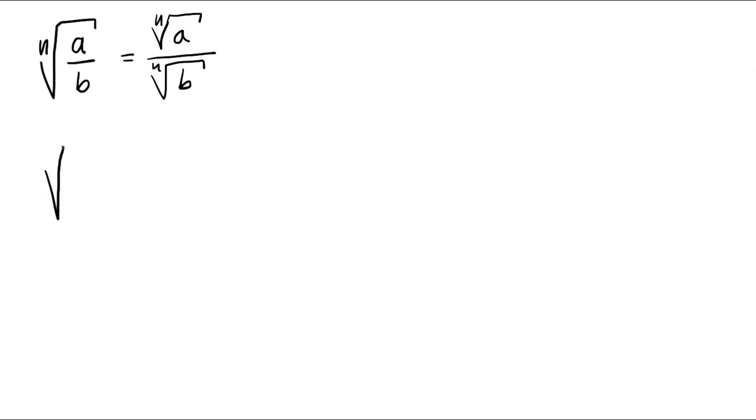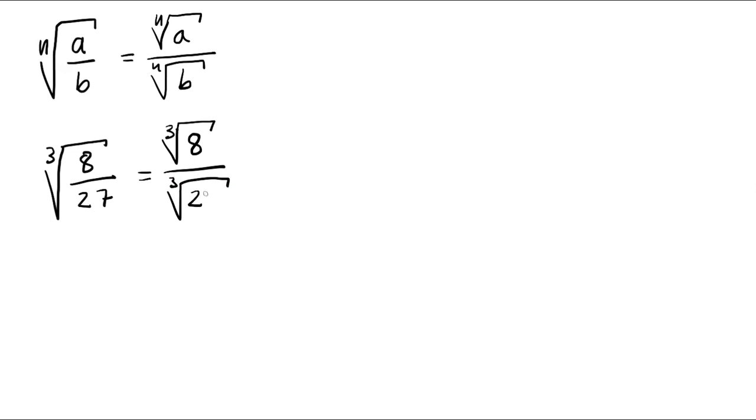So for example, if we had the cubic root of 8 divided by 27, then according to this rule, we can take the cubic root of 8 divided by the cubic root of 27. The cubic root of 8 is what you raise to the power of 3 to get 8, and that's 2. And what should you raise to the power of 3 to get 27? That's 3. So this is equal to 2/3. So then you also have a rule for division.